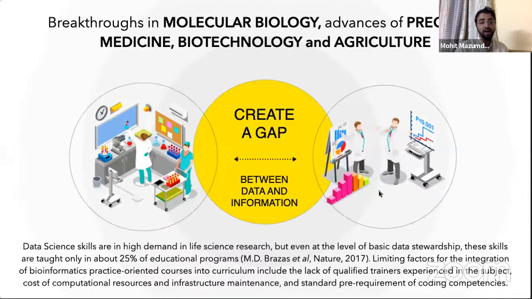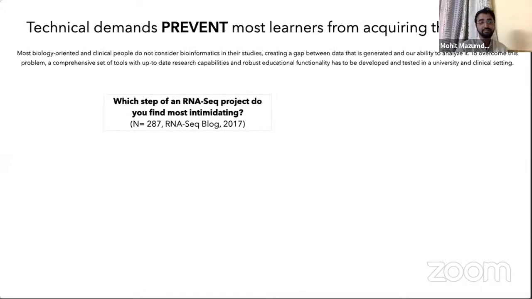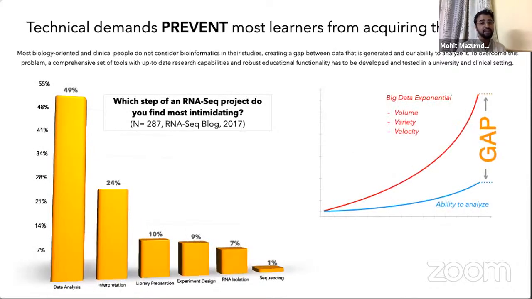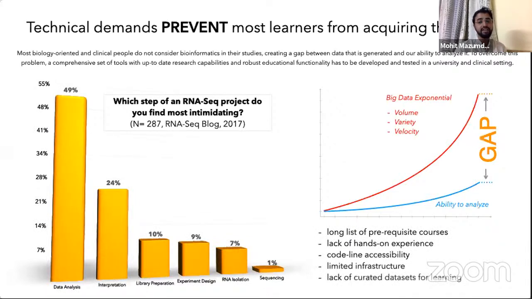So now about bioinformatics and the different kinds of challenges. When we talk about technical demand that prevents us from learning these skill sets, it is because of the computational power that is sometimes required for us to do all this analysis. In most cases, that means our ability to analyze data and extract meaningful information is lagging behind because of the pace at which new data is being generated.